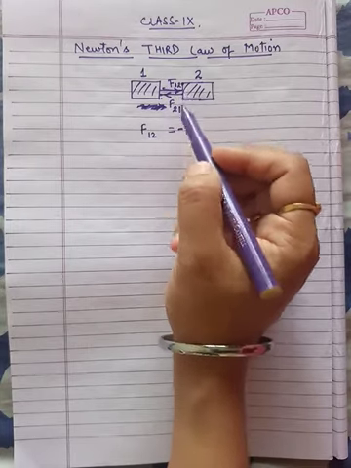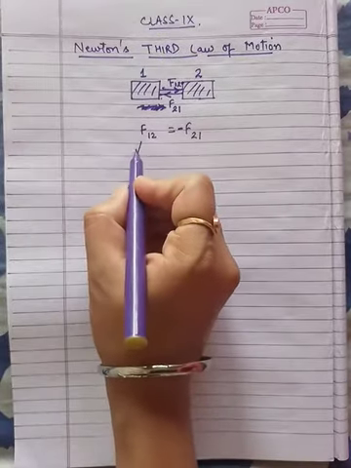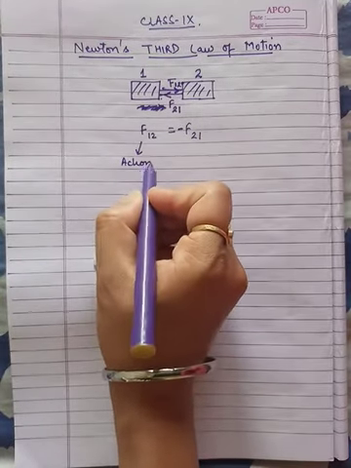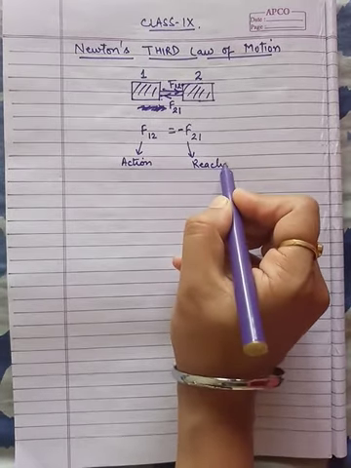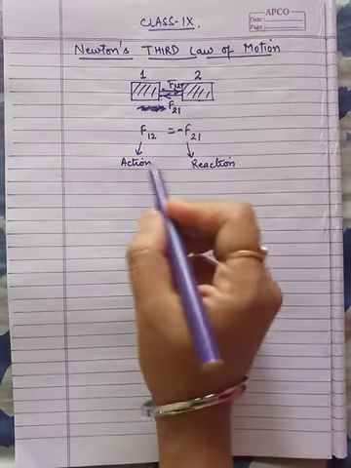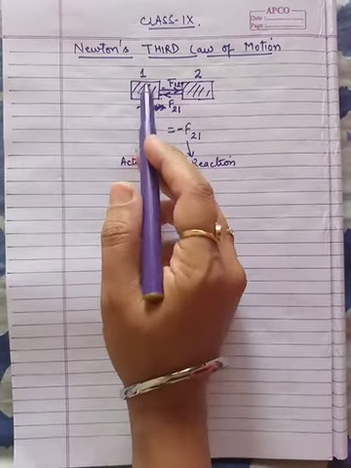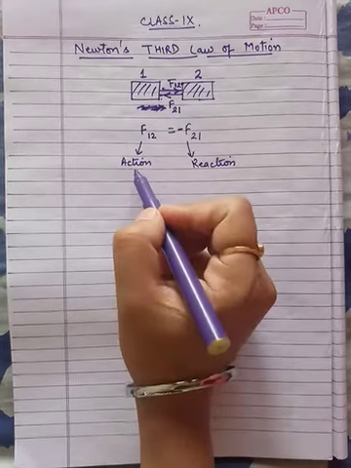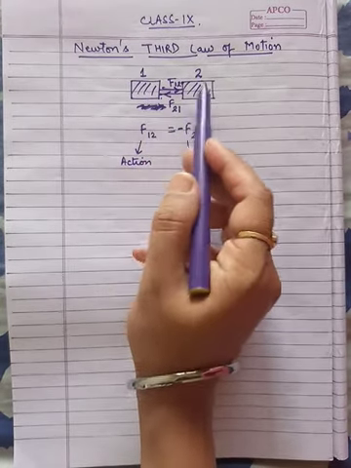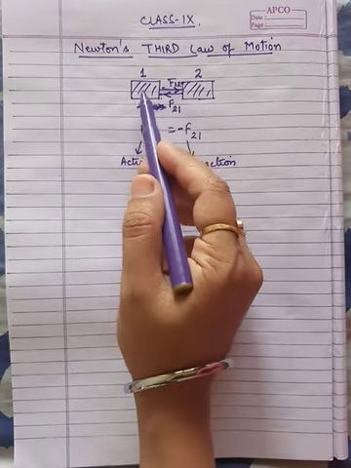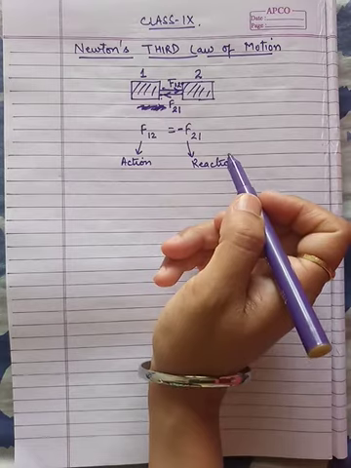Okay, and these two forces have special names. This force is known as the action force, and this is known as the reaction force. Action and reaction forces. Firstly, the applied force will be called the action force, and in reply, the force applied by the second object is known as the reaction force.